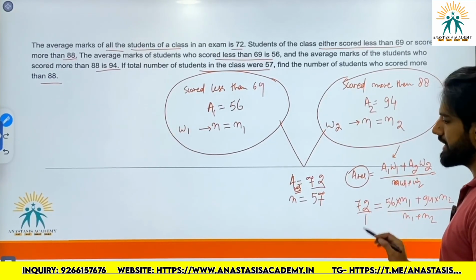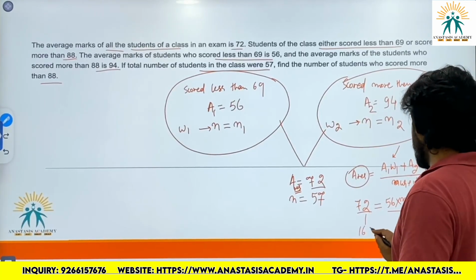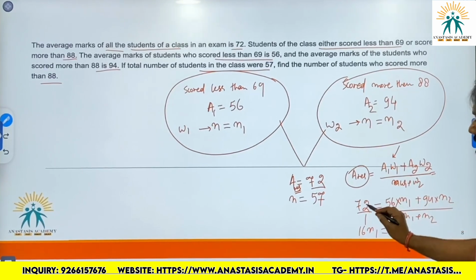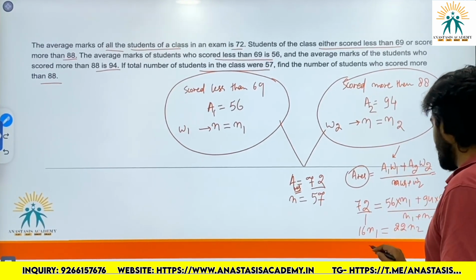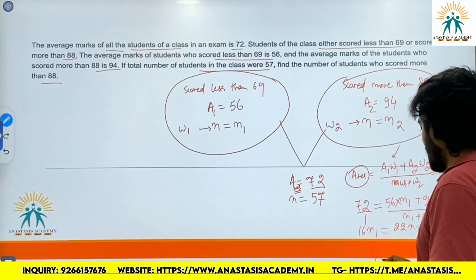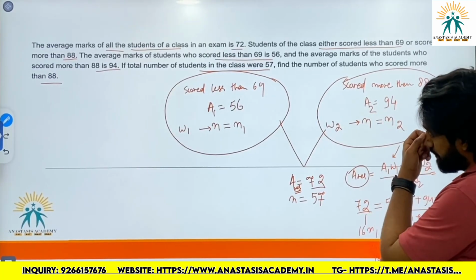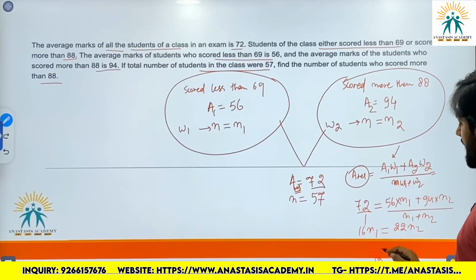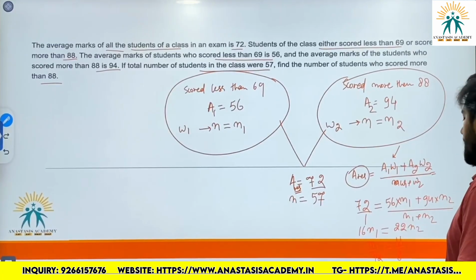If I take 56 N1 to this side, I get 16 N1 equal to 94 minus 72, that is 22 N2. So I get the ratio of N1 and N2, the number of students who scored less than 69 and the number who scored more than 88, as 11 upon 8.